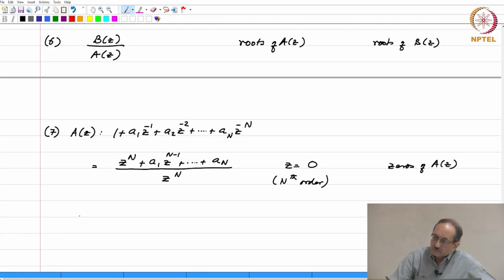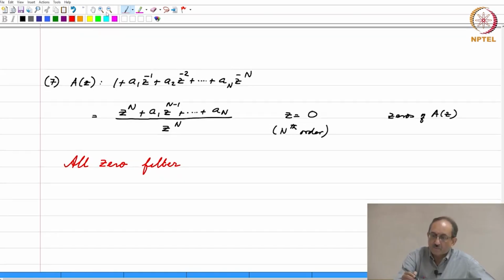This is called an all zero filter, even though there are poles at Z equal to 0. This is because poles or zeros at Z equal to 0 are called trivial poles or trivial zeros. So, this is an important concept.